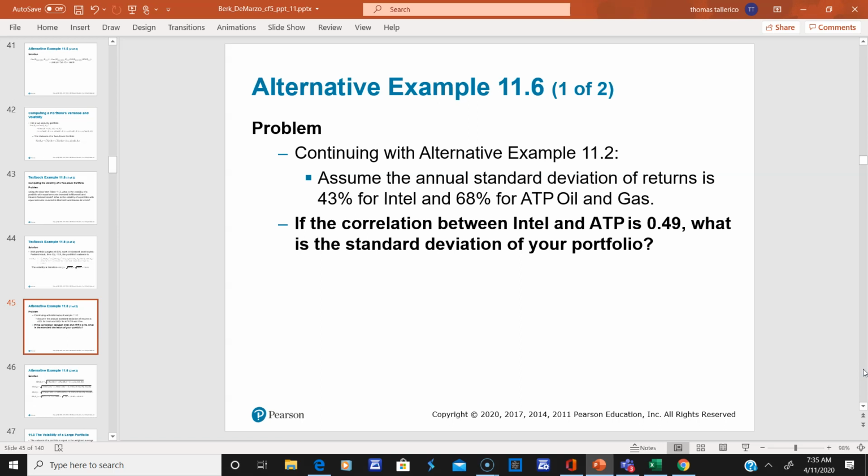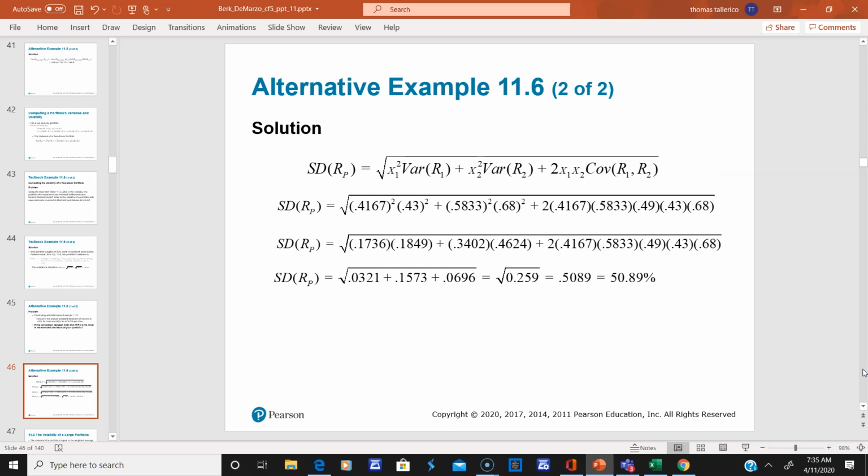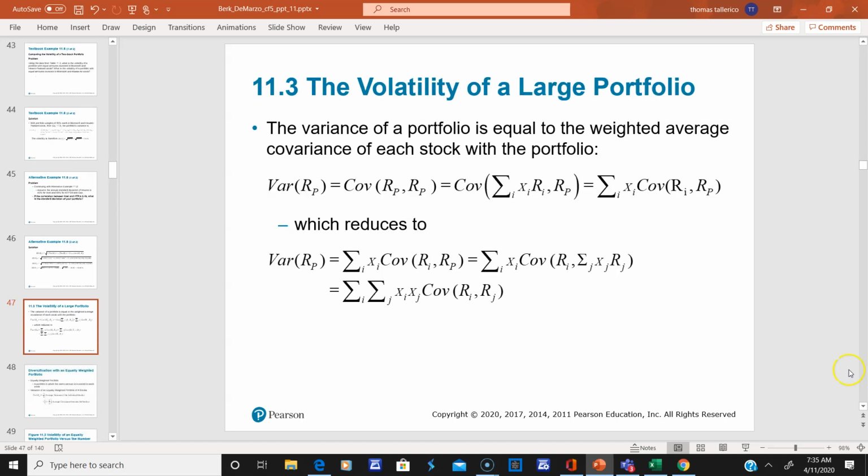There's a couple more examples here, and they're just good to go through. And here's all the math. At least they give you the math here so you can follow. All right, so I'll stop here before we make the portfolio any larger.